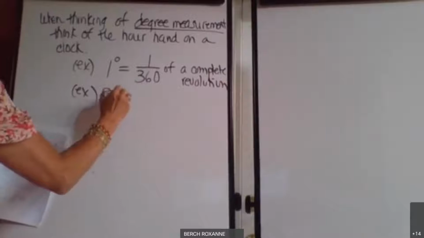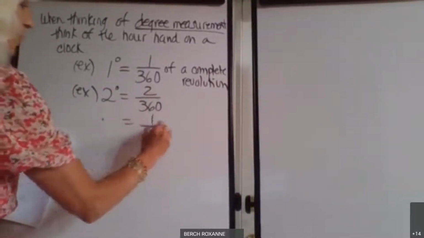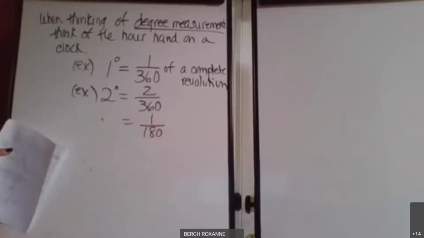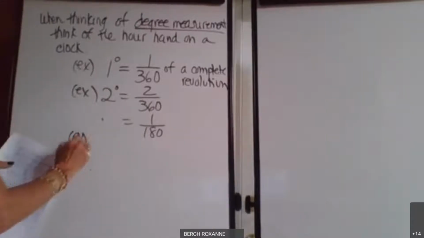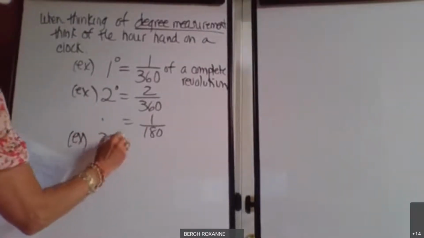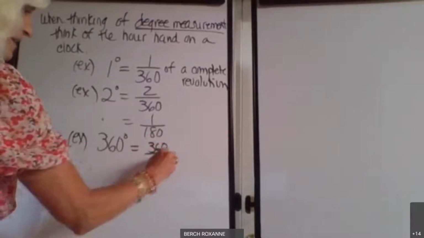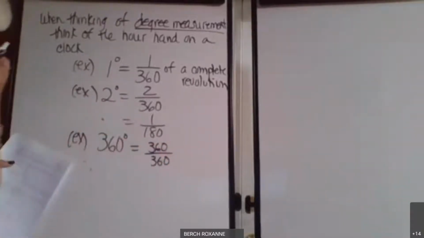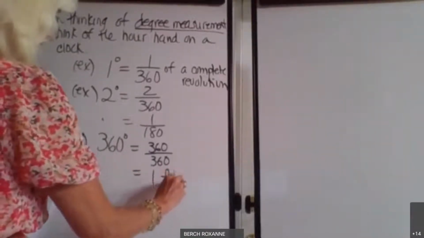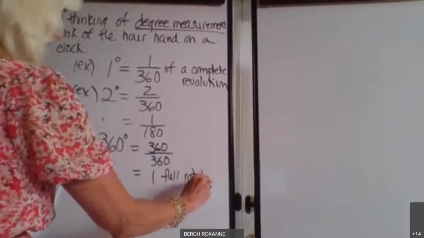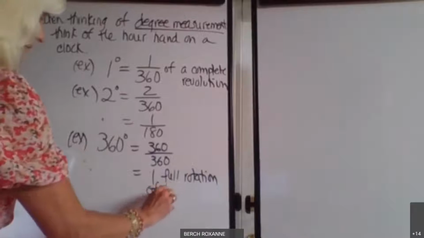So 2 degrees then would be 2 out of 360, which is 1 out of 180. And 360 degrees would be 360 of 360, which equals 1 full rotation of the hour hand.